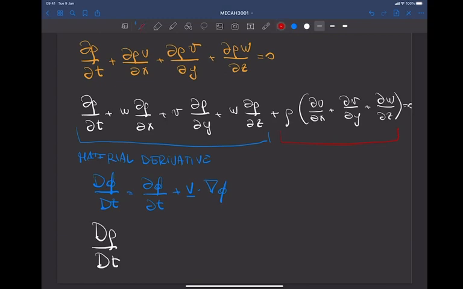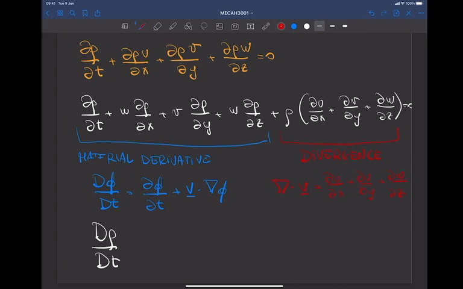Now what about this second term? It's quite simple. So if you remember the divergence, you remember that the divergence of v was indeed the sum of derivative of u with respect to x plus derivative of v with respect to y plus derivative of w with respect to z.